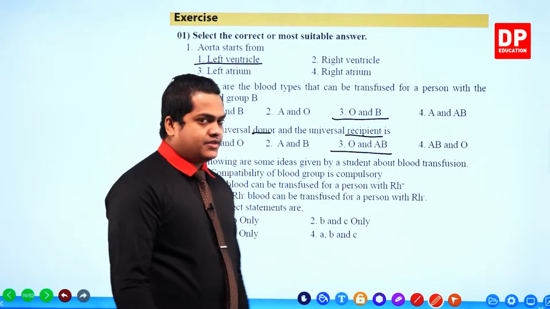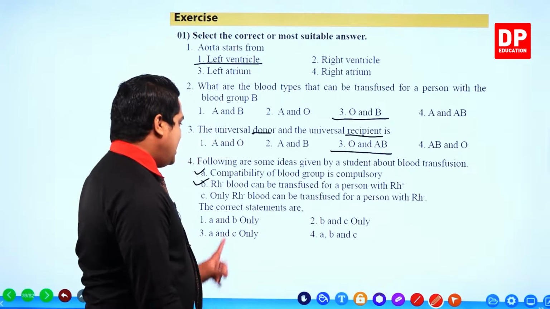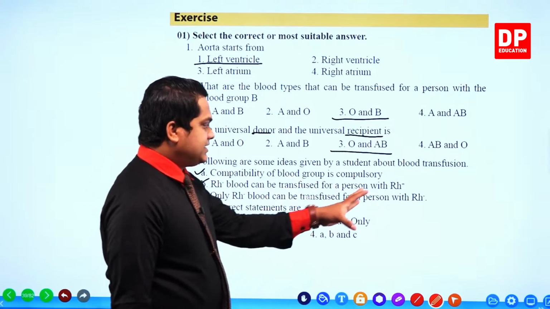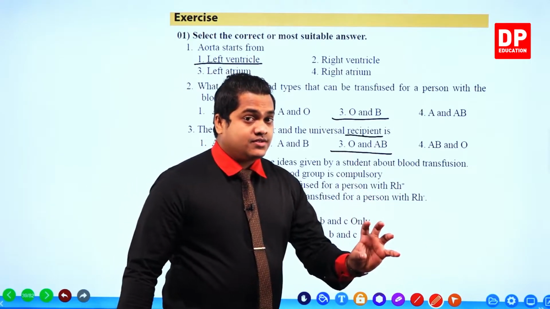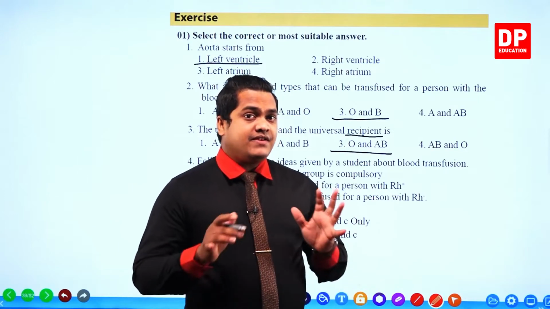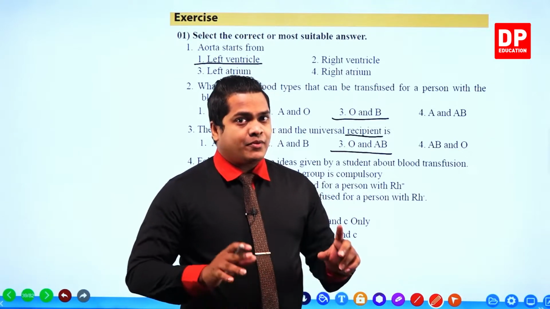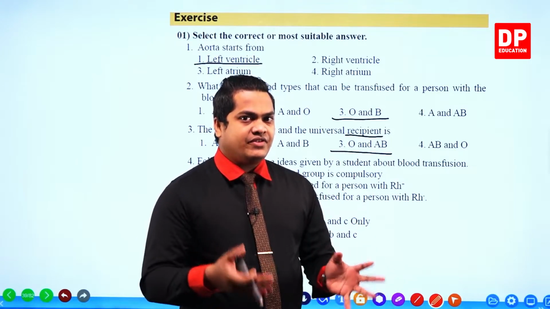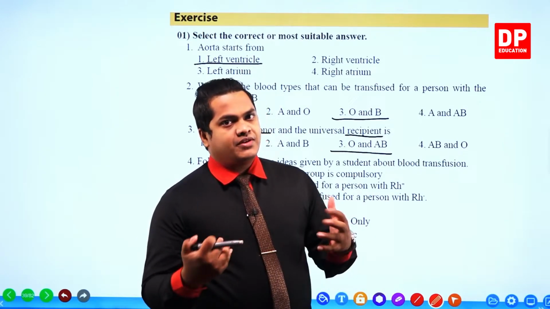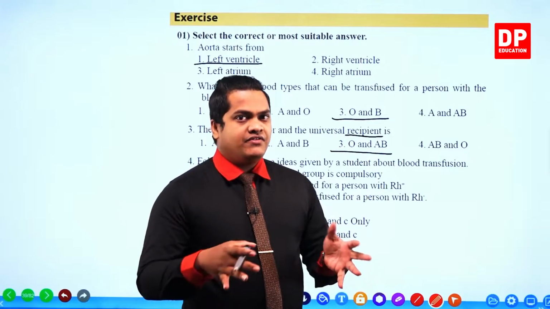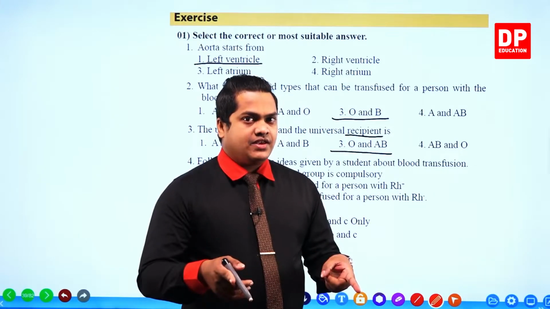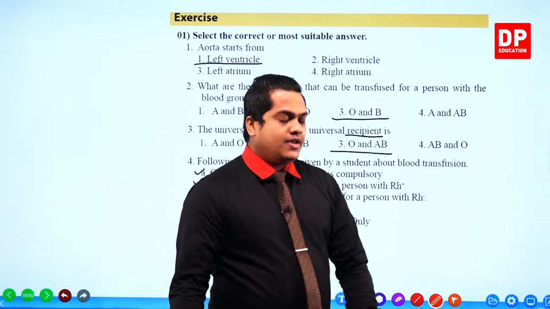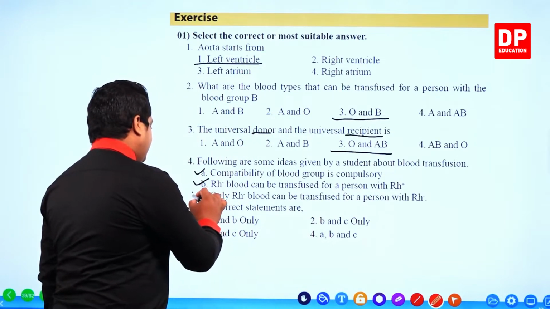That is correct. Only RH minus can be given for a person with RH minus. If a person is having RH minus, then the protein rhesus is not getting produced. Unfamiliar with the rhesus. So if the body is unfamiliar, then we can't give a positive thing. We have to provide the negative, which is the unfamiliar one. Okay? So this is also correct.